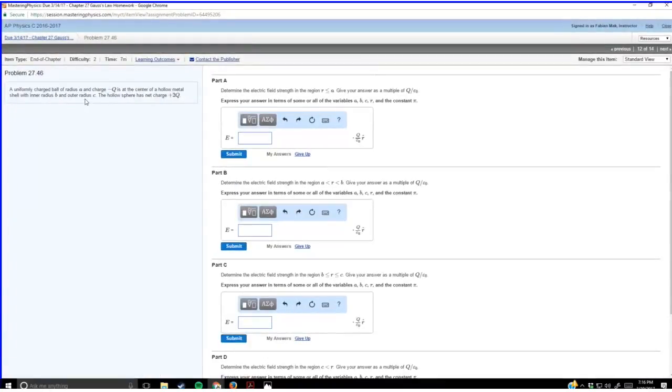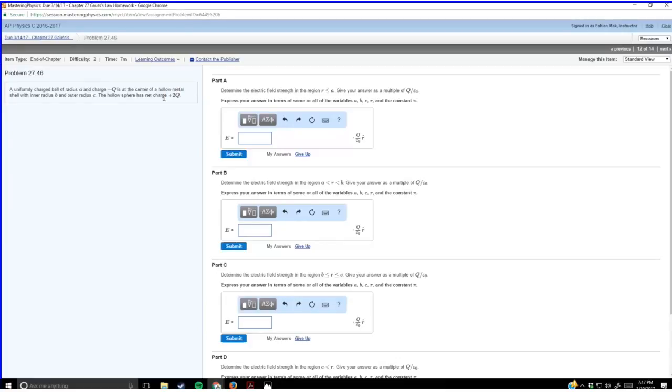Okay, a uniformly charged ball of radius a and charge Q is at the center of a hollow metal shell. Okay, the hollow sphere has some charge on it.